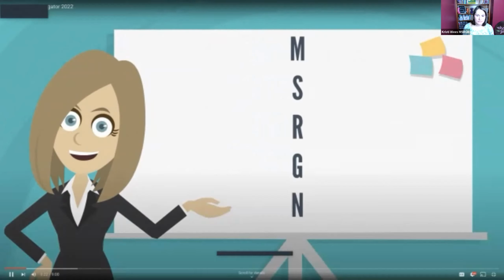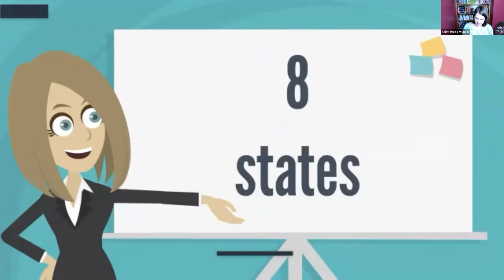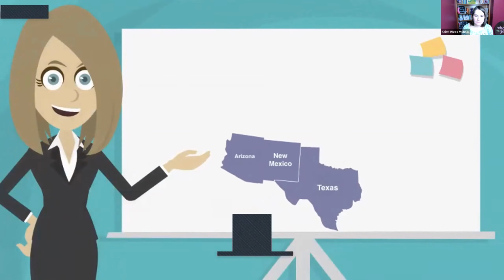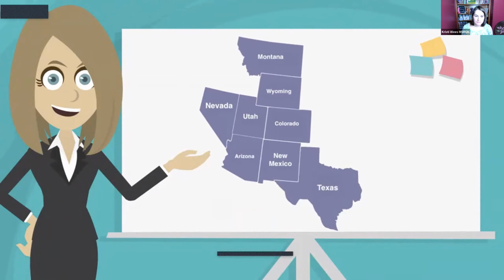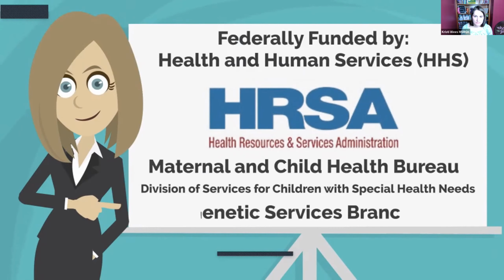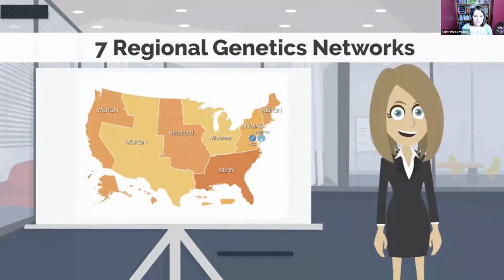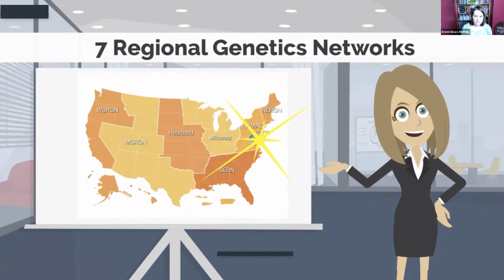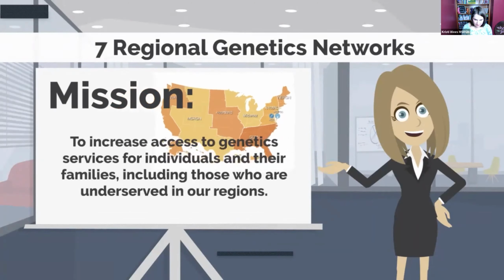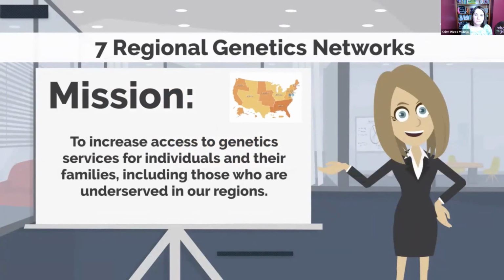MSRGN is a regional network consisting of 8 states: Texas, New Mexico, Arizona, Nevada, Utah, Colorado, Wyoming, Montana, and we are funded federally by HRSA that funds the 7 regional genetics networks, which includes MSRGN, along with the Family Center and the National Coordinating Center. The mission of the Regional Genetics Networks is to increase access to genetic services for individuals and their families, including those who are underserved in our region.